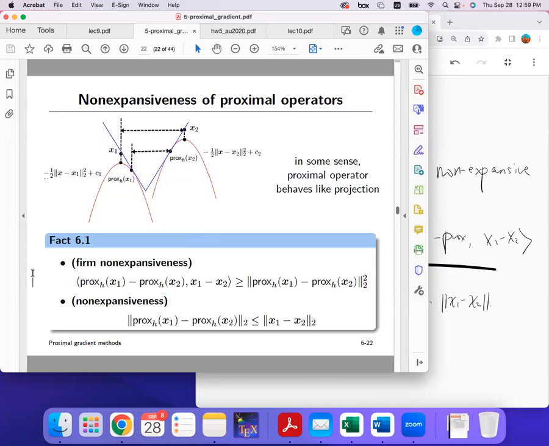Okay. So this shows that when we do proximal gradient descent, this mapping is actually kind of stable, because it is always reducing the distance in some sense.